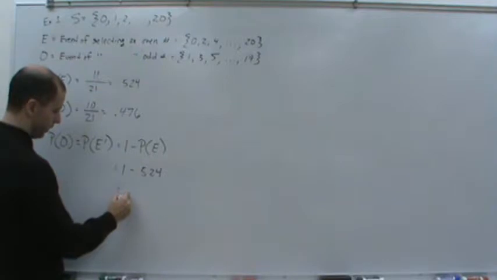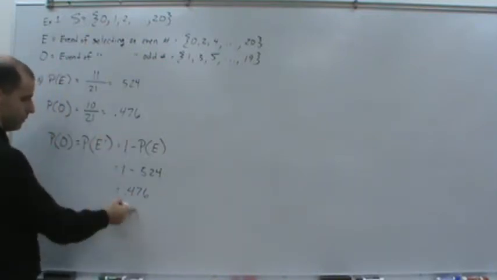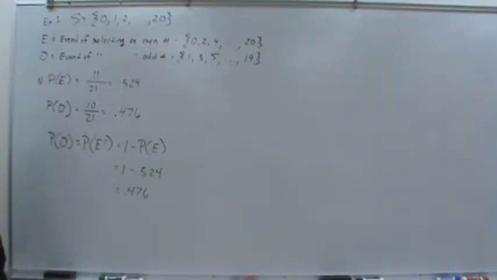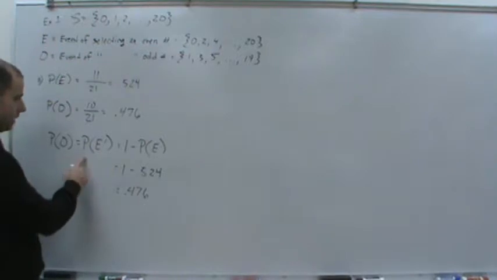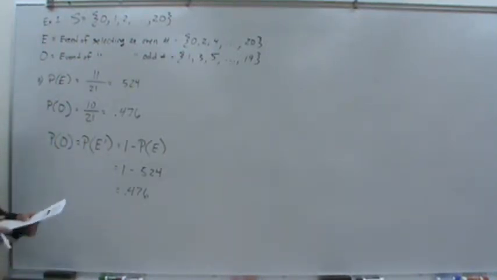Well, it's 0.476. Same thing. Okay? So there's an example of using either the complement rule or the definition of probability. Okay, so now let's go to the next one.